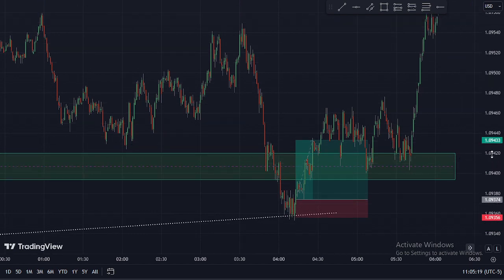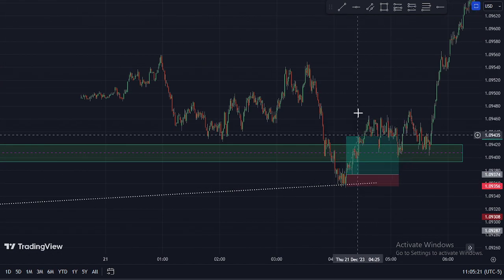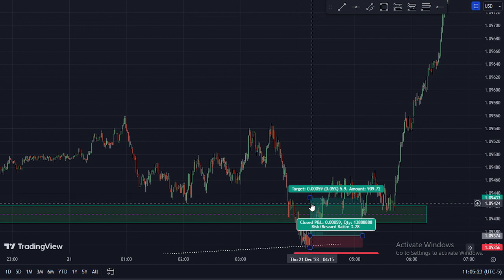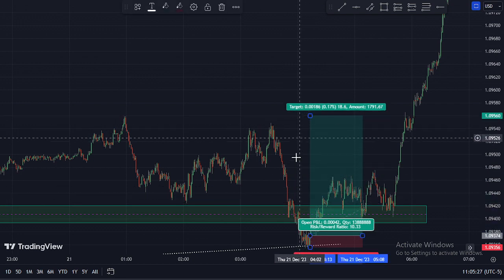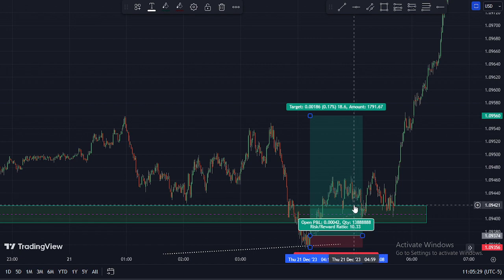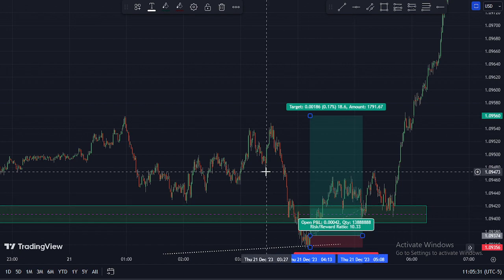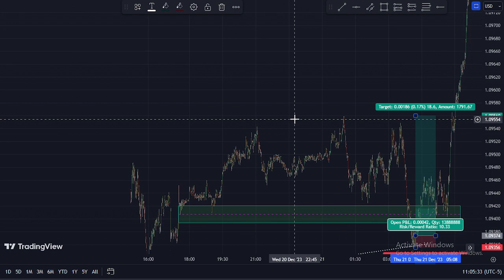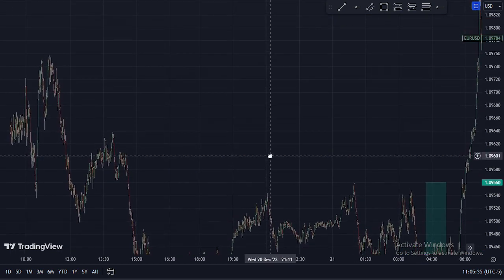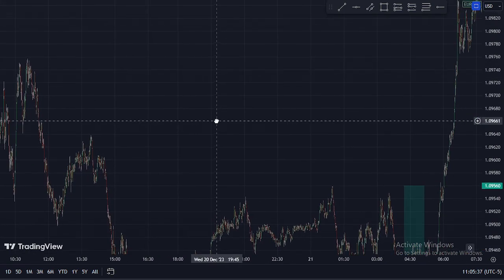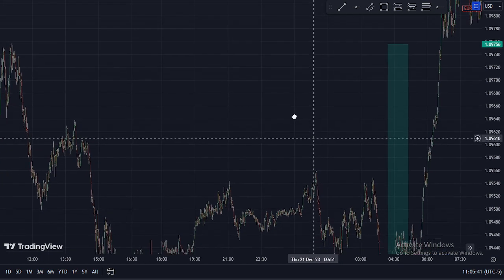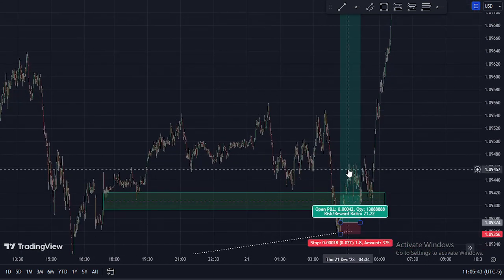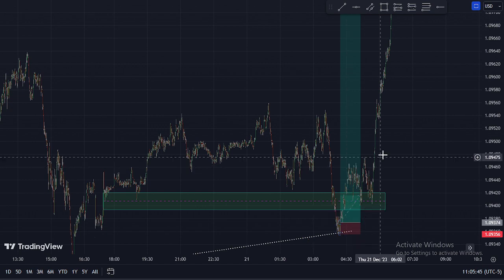What could you be aiming for? You aim for something that is to the left. So we had these relative equal highs right there. That would have given you a 10.33 R trade. And also if you could be aiming for these highs right there, that would have been a 21.22 R trade.